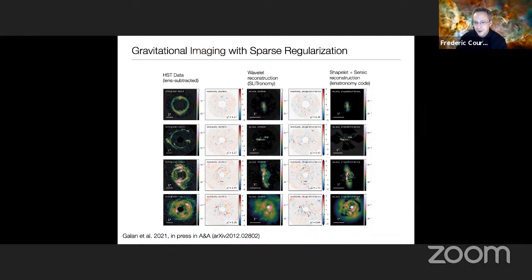So you say that the source is a Sersic profile plus shapelets, which are a bit like Hermite polynomials. You should see this as a harmonic decomposition of a light profile. So this is fully analytical, and this is fully numerical, just a grid of pixels.